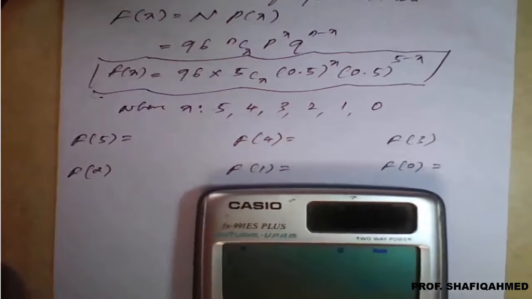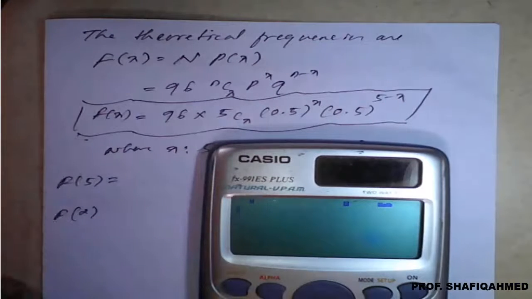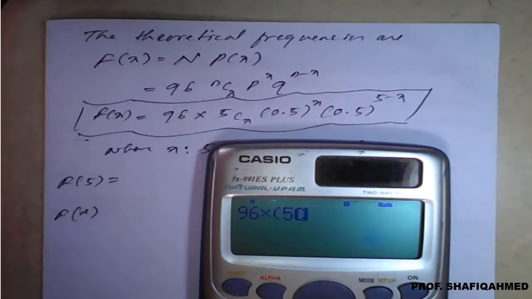So once again, just see here. This formula will be framed: 96 into bracket, n value is 5, so 5 shift C, that is, the divide symbol, you will find nCr, that is 5Cx, close the bracket, into 0.5 raised to x, close the bracket, into again 0.5 raised to 5 minus x.